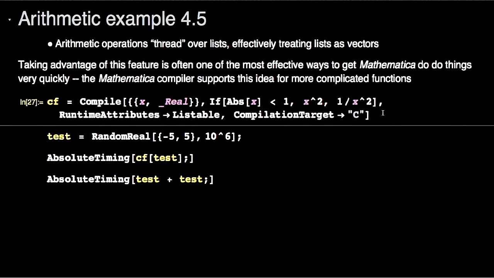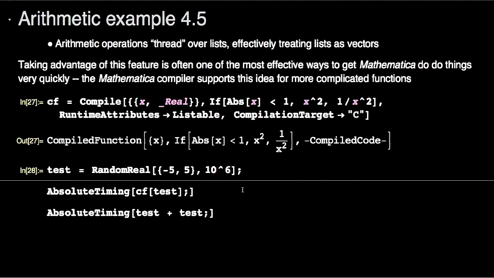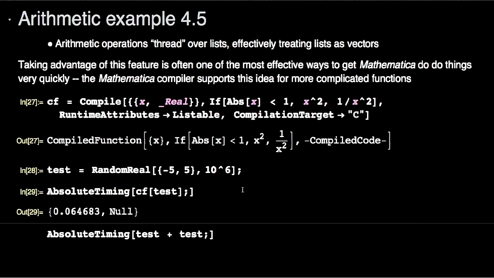And here's just a quick example of using the compiler. I'm taking this function, which takes different values depending on whether I'm greater than or less than 1, and I'll put in a test function, which I want to generate now to do that. Then I can test how fast that works.